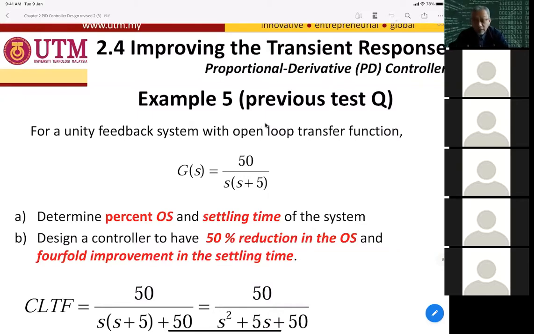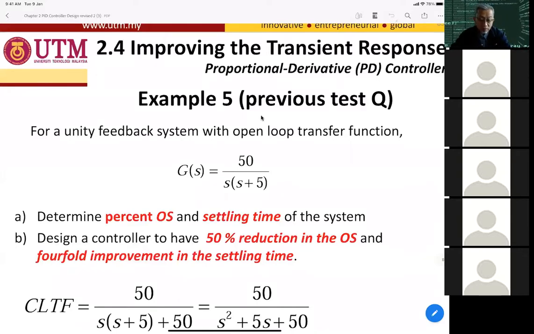Let me remind you again, the P controller is a gain controller using a potentiometer, where we can increase and decrease the gain, and it will affect the overshoot and steady state error. Once you increase the gain, the overshoot will increase and the steady state will improve. But when you lower the gain, the overshoot will decrease and the steady state will not improve, becoming bigger.